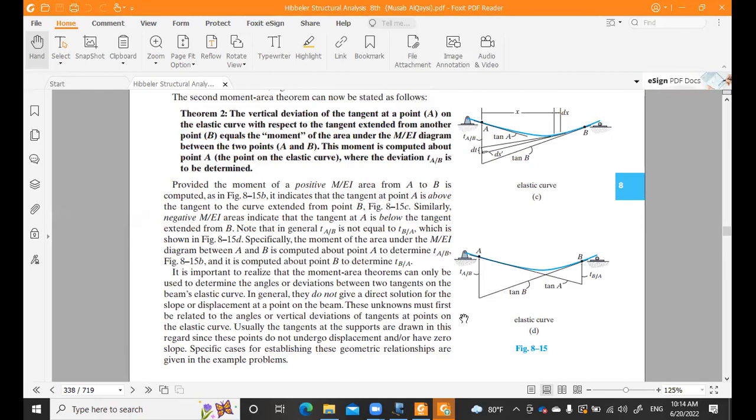Something negative means it is below the tangent. Something positive means it is above the tangent. That's all we can say. And the x bar is a measured distance, so it doesn't have any sign.